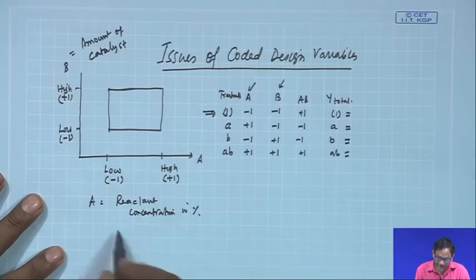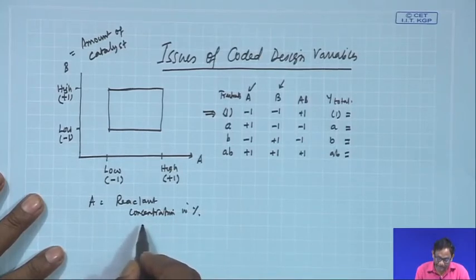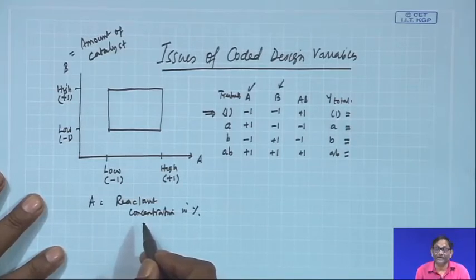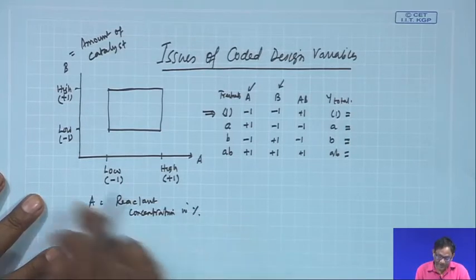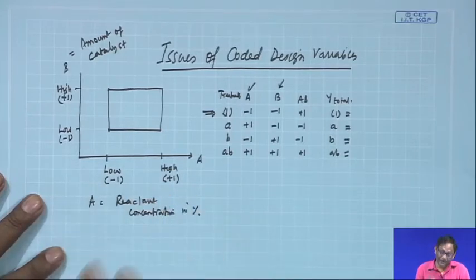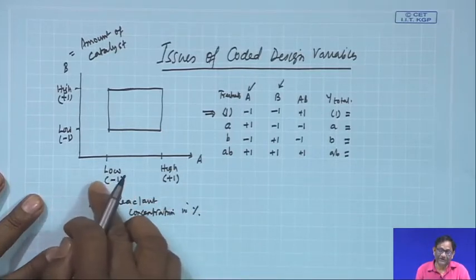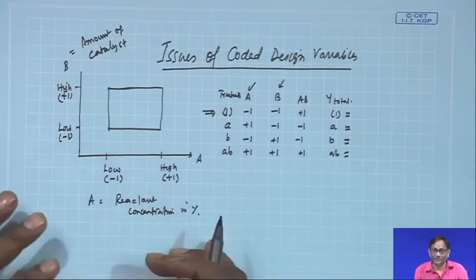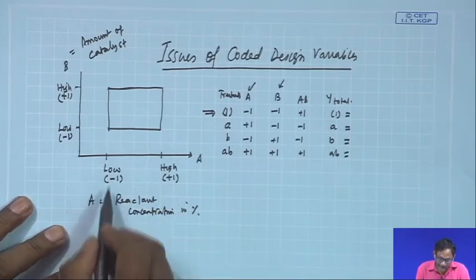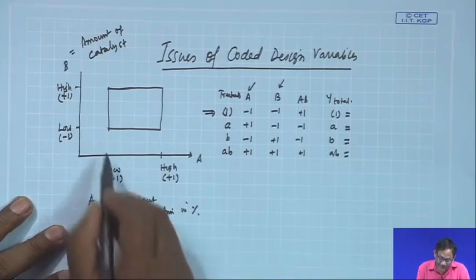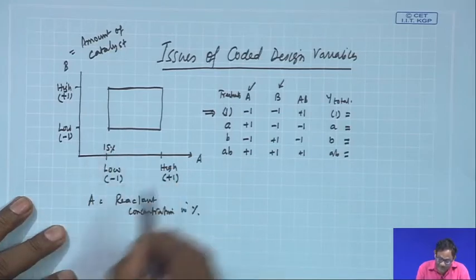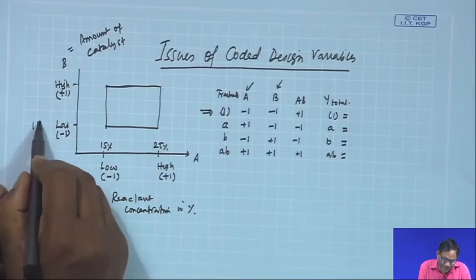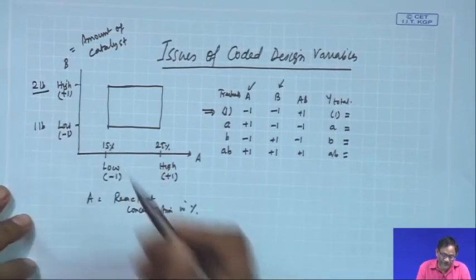There are certain percentages for A. It is the designer or the process operator who has knowledge and knows the range. In the beginning class I said that usually the minimum value will be low and the maximum value will be high, or some values within the operating zone will be low and high. In reality, low may be 15% for A and high may be 25%. For B, low may be 1 pound and high may be 2 pounds, that is the amount of catalyst.